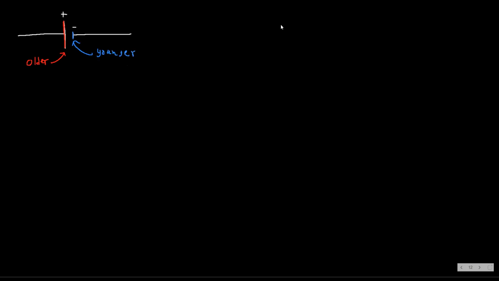Now I'm going to consider a resistor. If current is flowing through this resistor, this one is R. What is current? Can anyone tell me what is current?